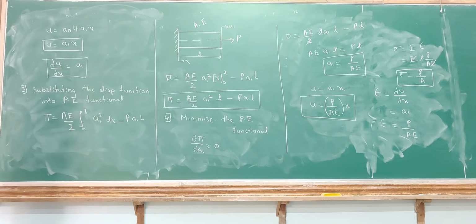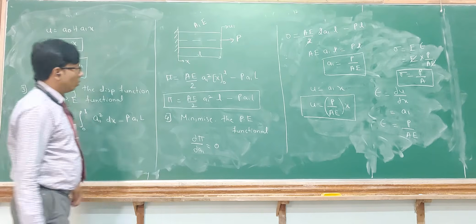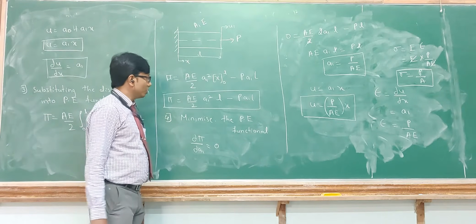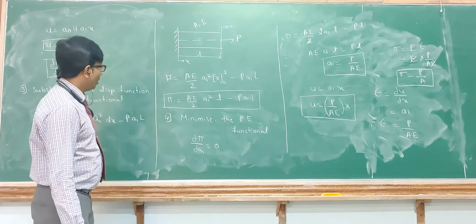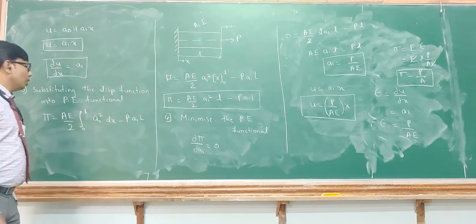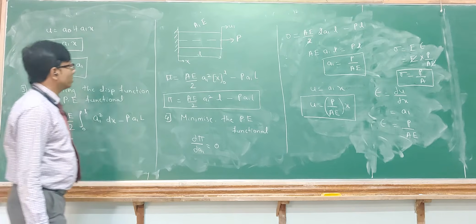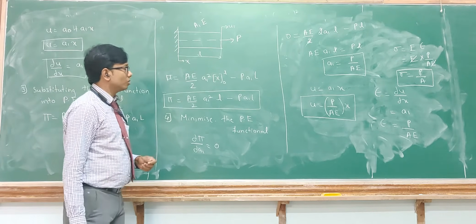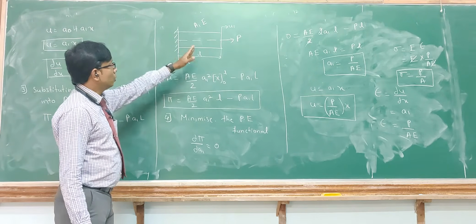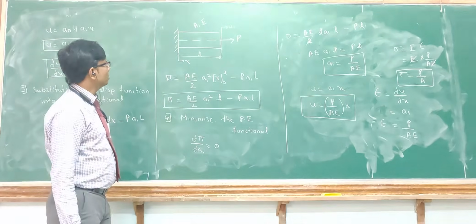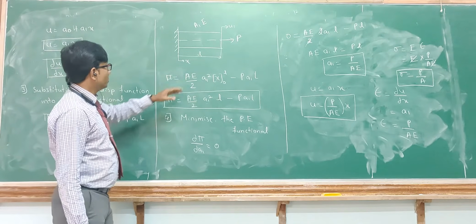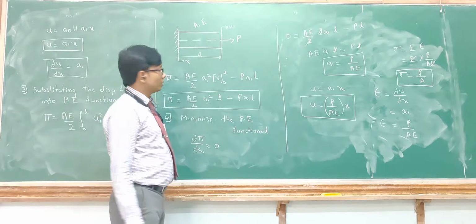After that we reduced what the strain energy and work potential are for this particular problem. After this we assumed a displacement function which will satisfy the boundary conditions. What are the constants we need to assume? It has two constraints: one is the displacement constraint, one is the load constraint.